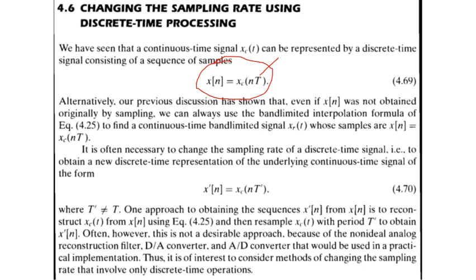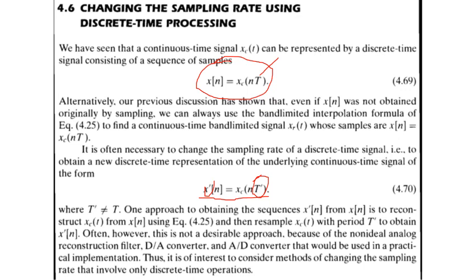So what we can do is obtain another discrete-time signal. This is another discrete-time signal obtained from the same continuous-time signal, but we are representing it with a dash because now we are using a different sampling time.